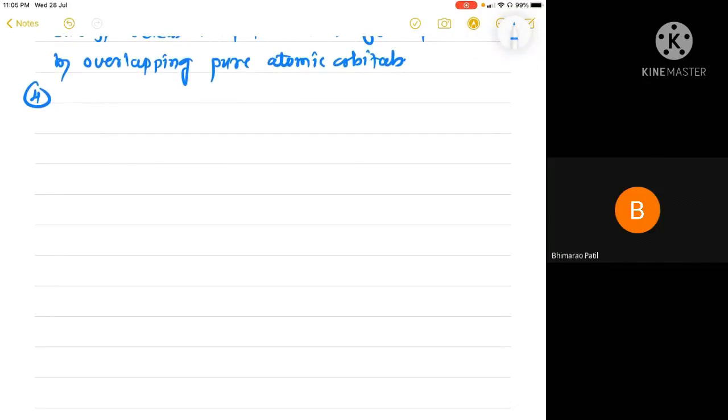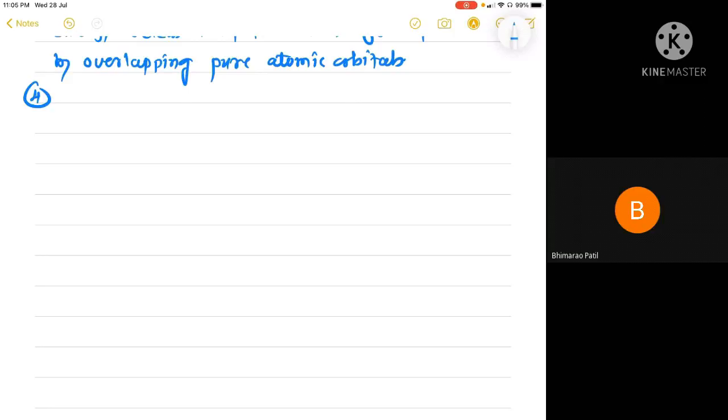Therefore, sigma bonds formed by overlapping of the hybrid orbitals are more stable than those formed by pure orbitals.